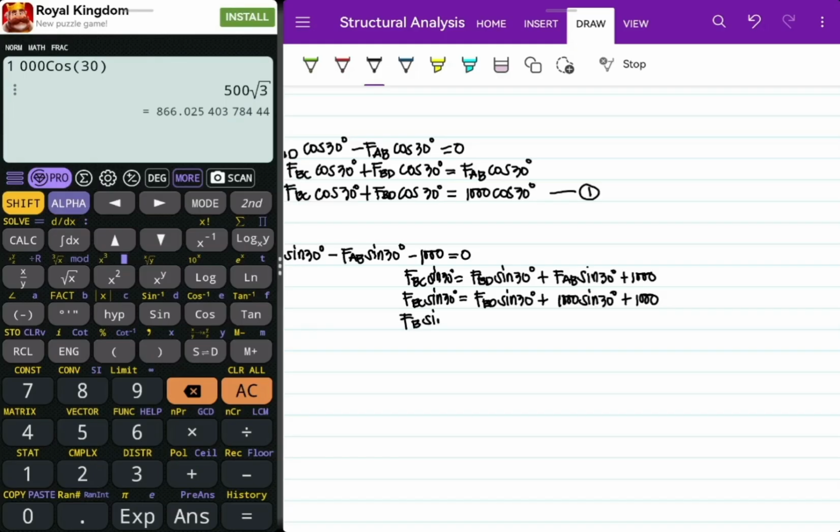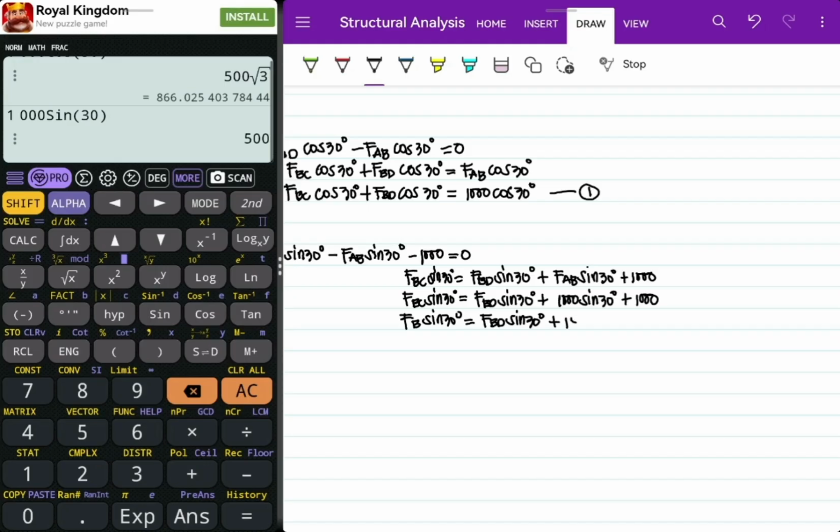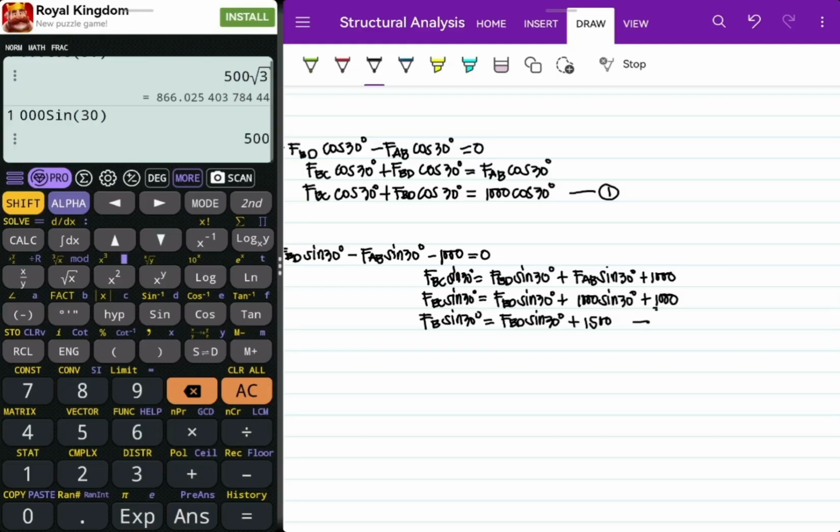FBC sine 30 degrees is equal to our unknown BD sine 30 degrees, and then 1000 sine 30 is 500 plus 1000, so this is 1500.